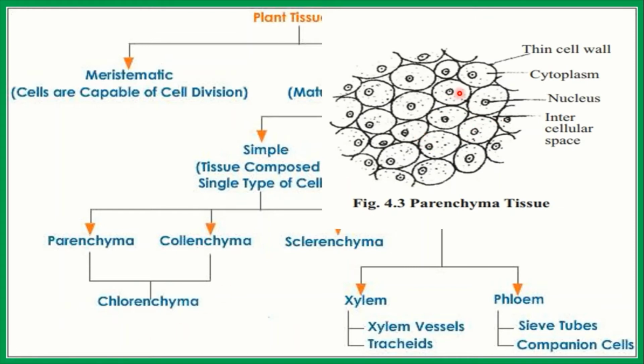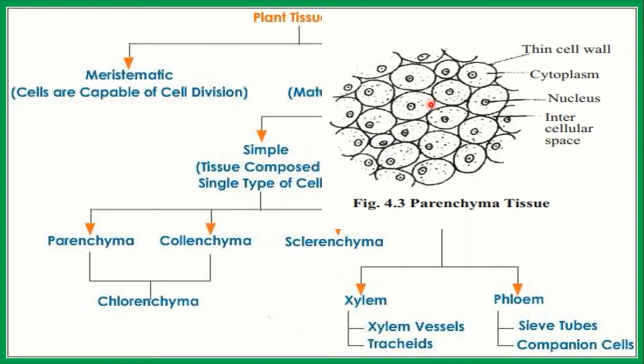So when a parenchyma cell contains chloroplast, it is called chlorenchyma, and when a parenchyma cell has an air-filled space, it is called aerenchyma. If a parenchyma cell contains an air cavity, this type of cell is called aerenchyma.